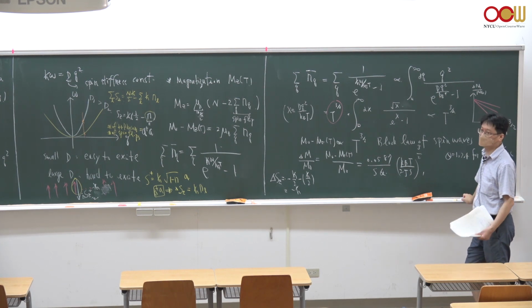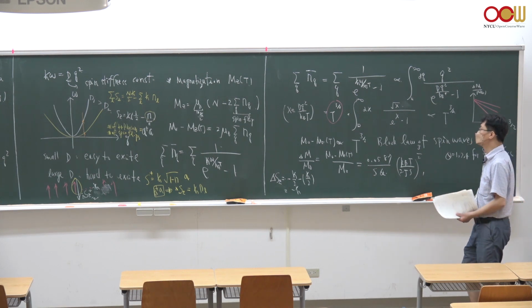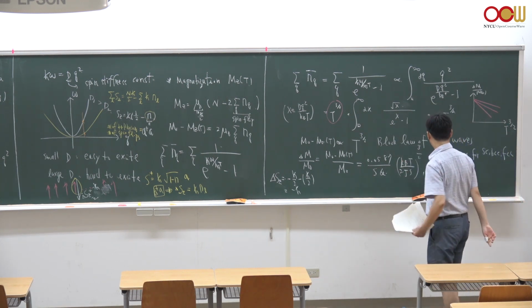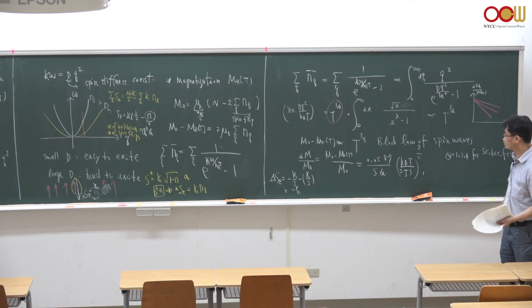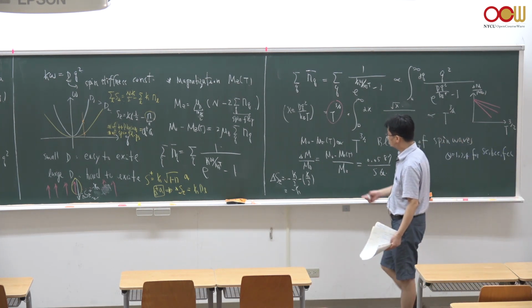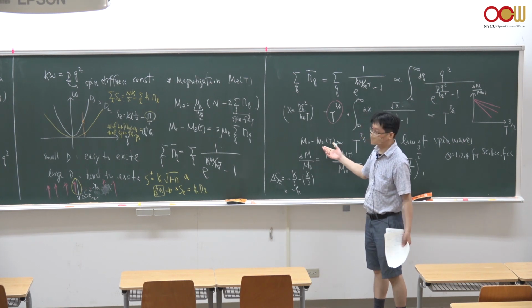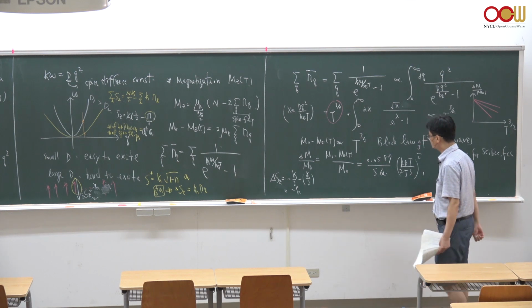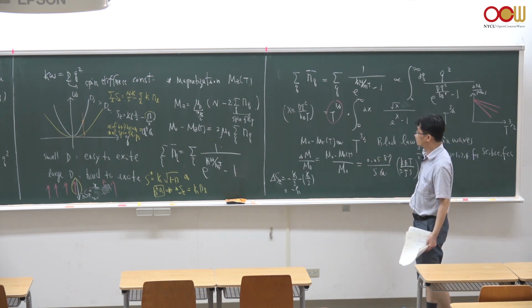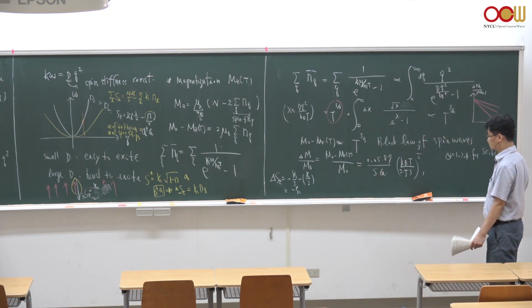And this is something that could be checked experimentally, and we call this Bloch's law of spin waves or magnetic excitations of a ferromagnet. Okay, so at low temperatures, if you subtract your magnetization at finite temperature from this maximum value m0, you'll get a temperature to the power of 3/2 relation.